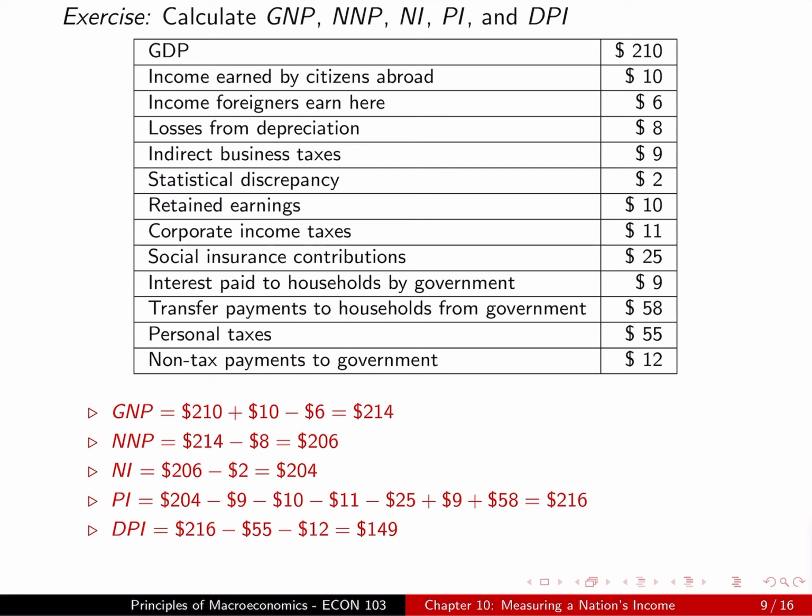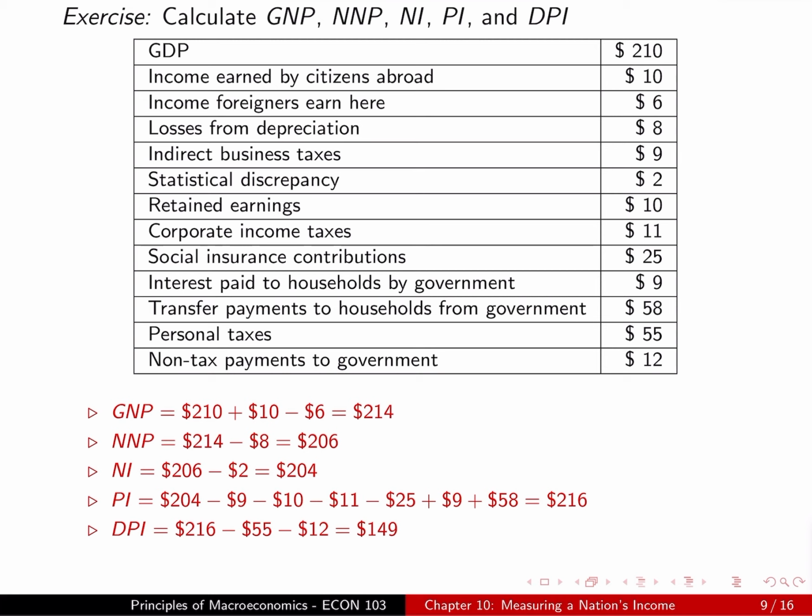Step 4. Personal income, PI. PI equals NI minus retained earnings minus indirect business taxes minus corporate income taxes minus social insurance contributions plus interest paid to households plus transfer payments equals $204 minus $9 minus $10 minus $11 minus $25 plus $9 plus $58 equals $216.